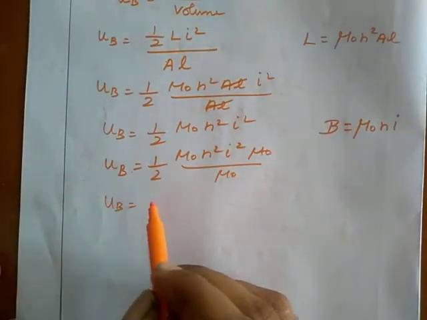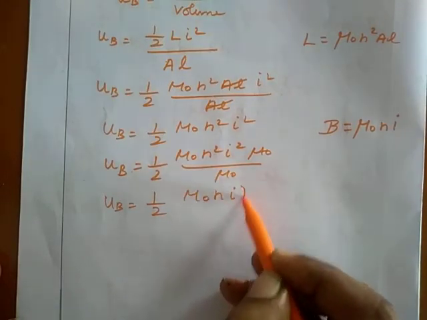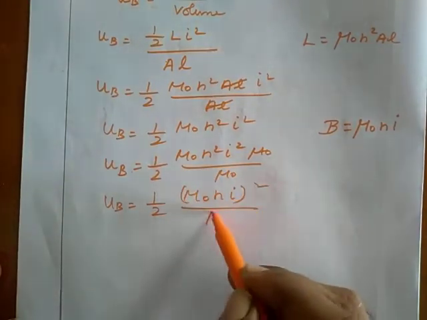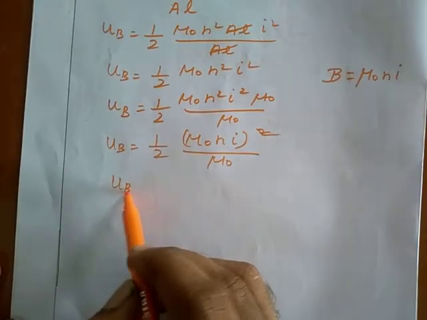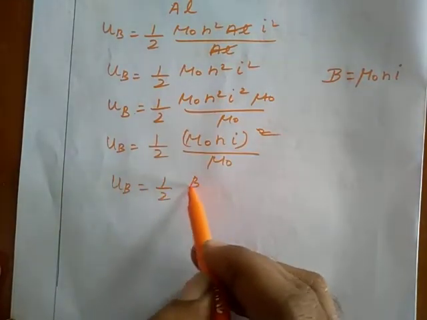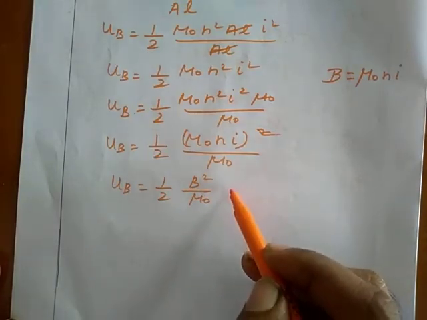Then we get u_B is equal to 1 by 2 (mu naught N I) whole square by mu naught. We know this is the magnetic field, then u_B is equal to 1 by 2 B square by mu naught. It is the energy density, or energy stored per unit volume.